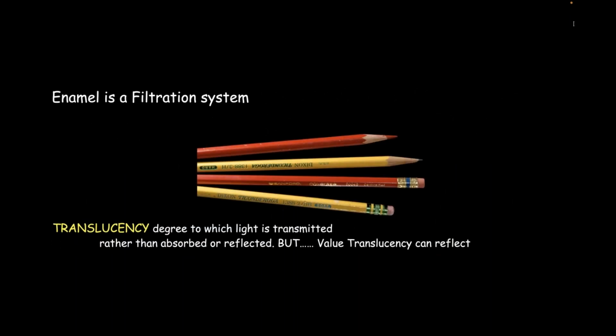Let me explain this a little bit better so you have a better understanding of it. Thinking of enamel as a filtration system might be easier, but I want you to understand how the enamel works. What I've done here, and this is actually something I think my friend Adam did 15 years ago already, but it's still a great slide, is this: if you look at the concept, I have a bunch of pencils, and you can see red, yellow, and some different colors, blues and greens, around the eraser.